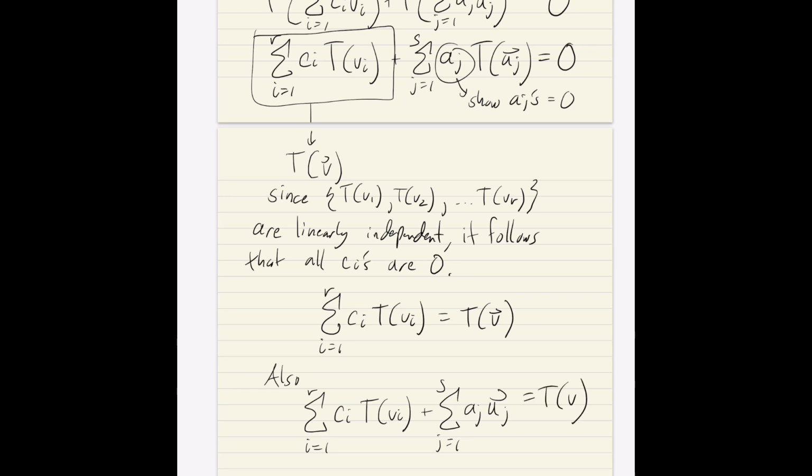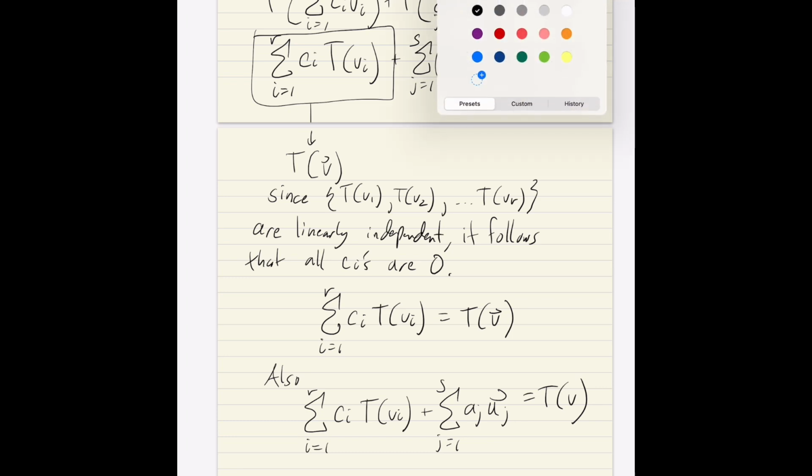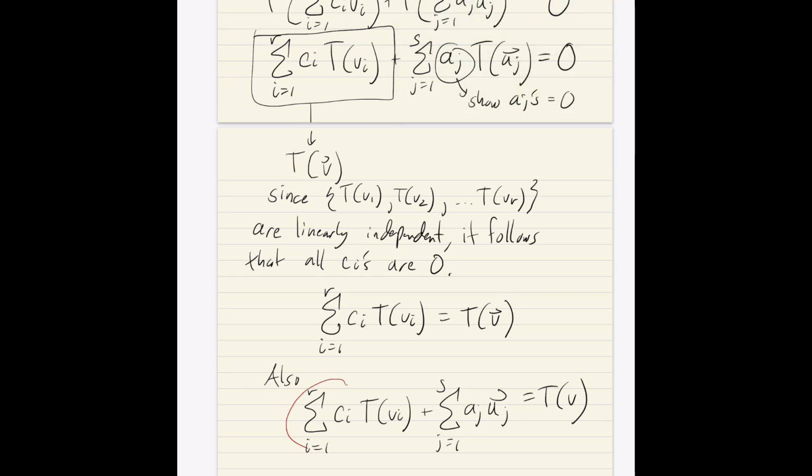The only way that can be true is if we have something that is equal to something on the other side. We know that these two are equal: the sum of ci T of vi is equal to T of v.